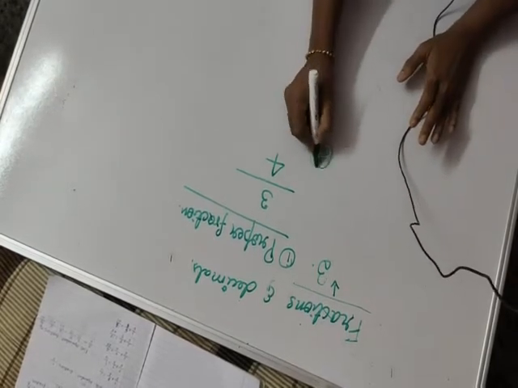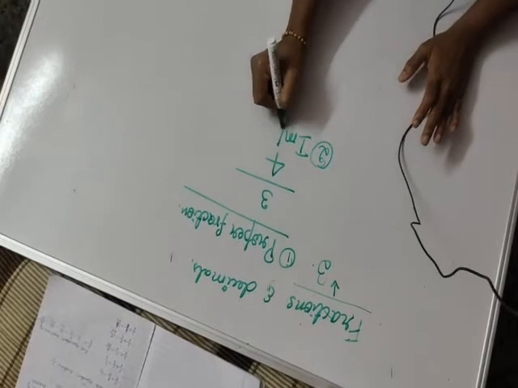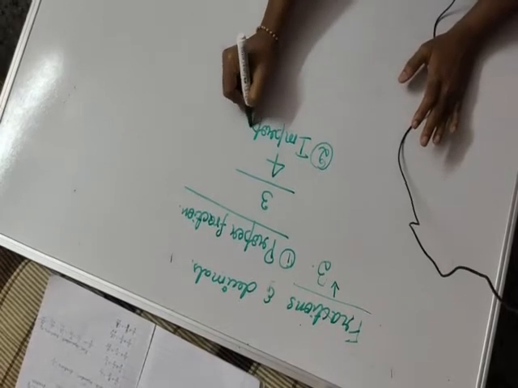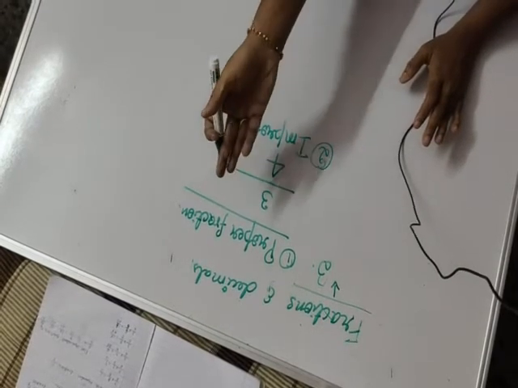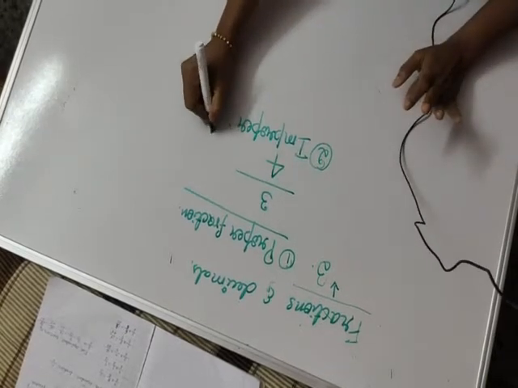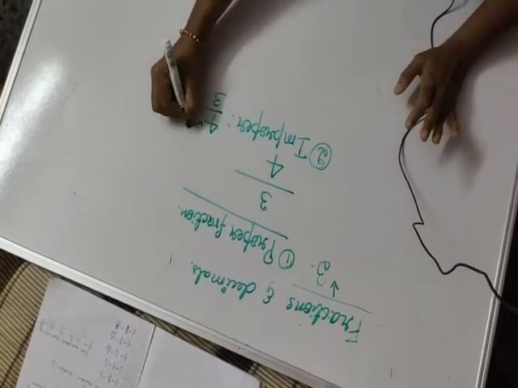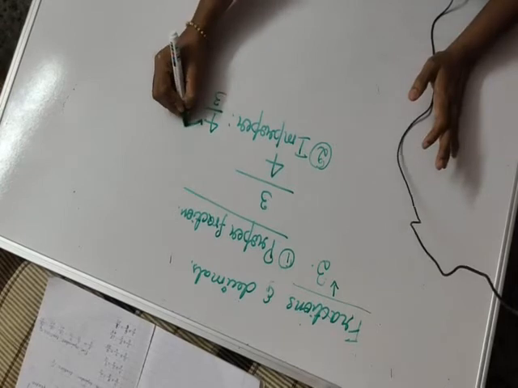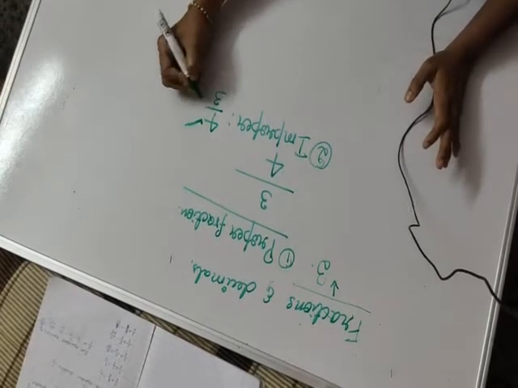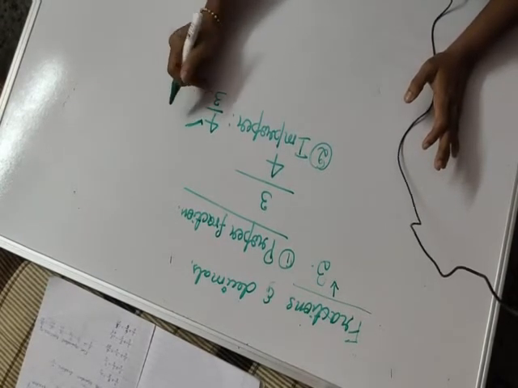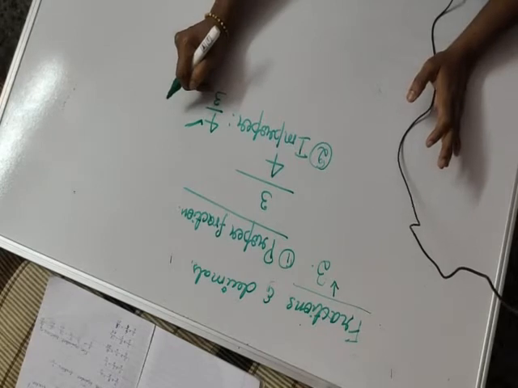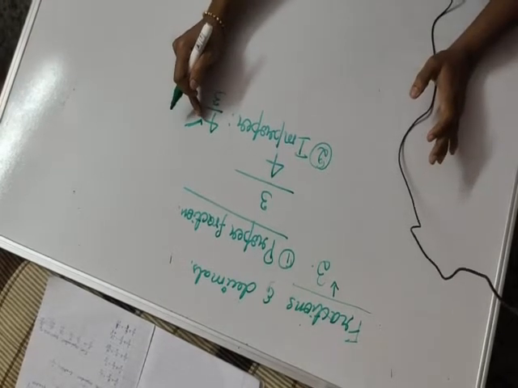Next one is the improper fraction. Improper is the opposite of that. 4 by 3 means the numerator is greater than the denominator, or the denominator is lesser than the numerator.